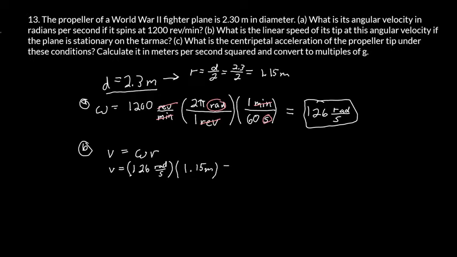I multiply this out, and I'm going to get a velocity that's equal to 145 meters per second. And something we'll notice here is that technically this is a meter times a radian, because I've got a meter here, and I'm multiplying it by a radian per second. So that should be a meter times a radian divided by a second.